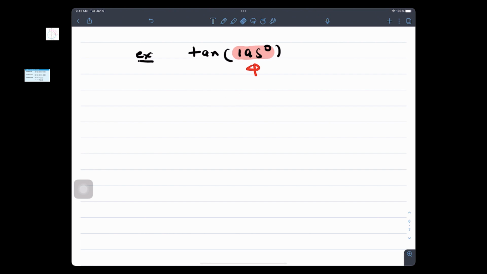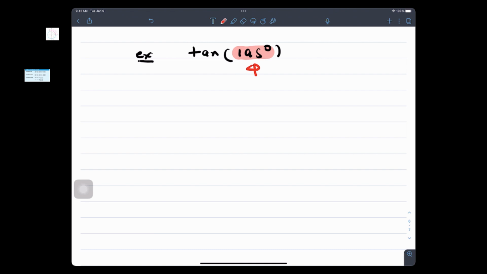Hmm? I mean, 230. There's a lot that you can use, but you want to use angles that are going to make your life easier, not harder, right? So there's a lot really you can use.